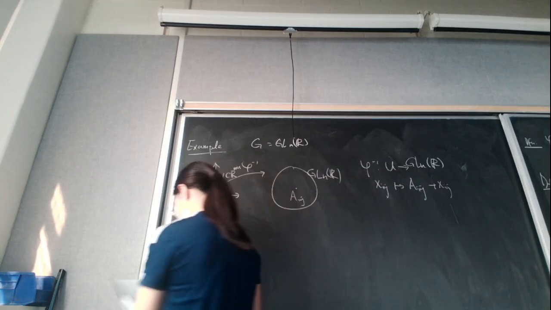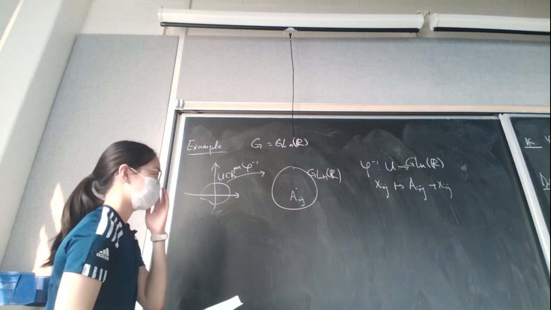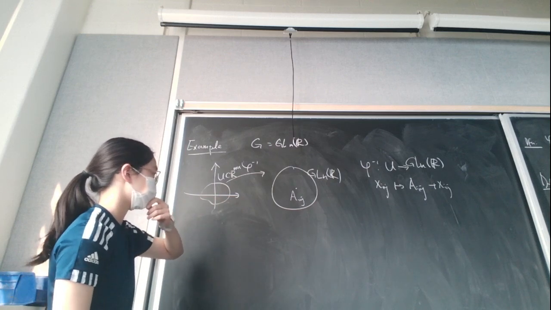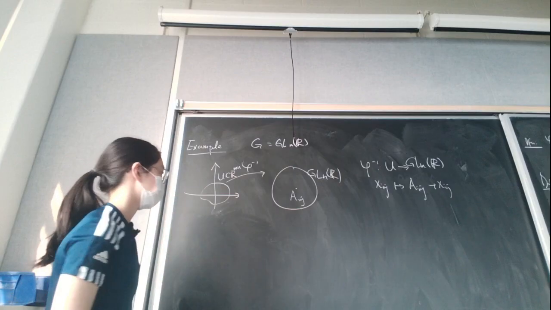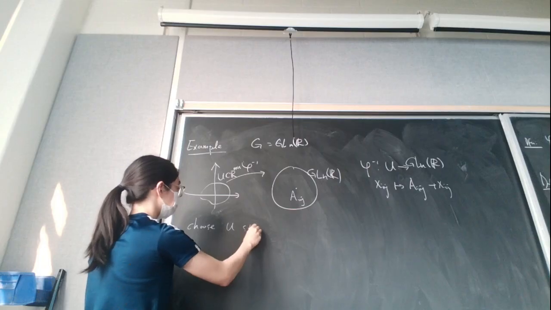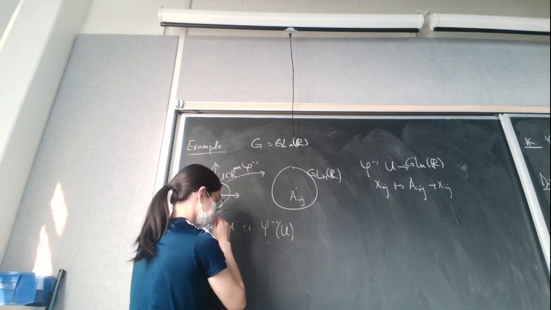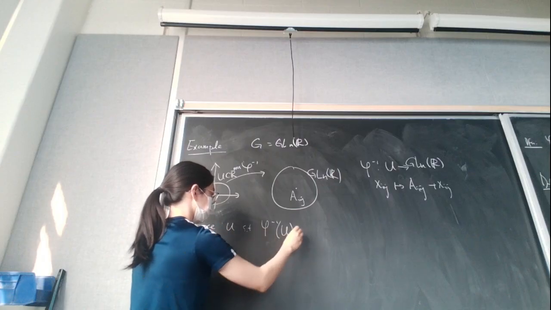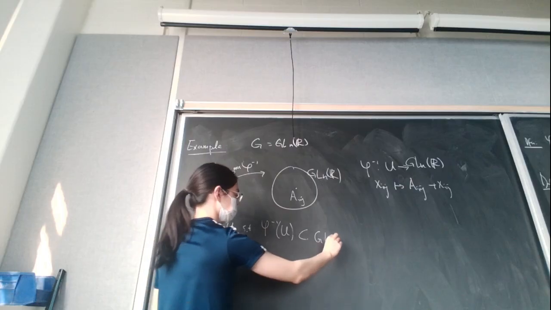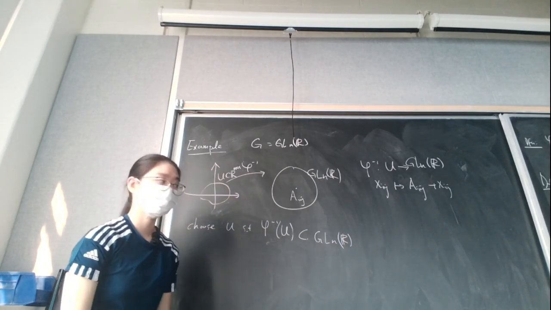Wait, what is that function? And we can choose a small enough U such that the image of U under phi inverse is contained in GL_n(R).